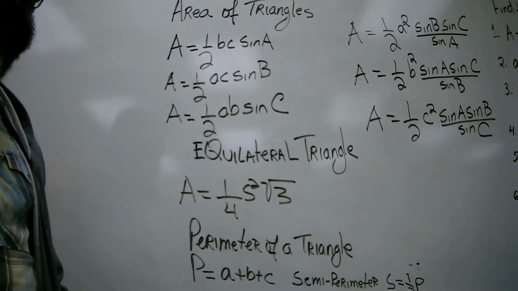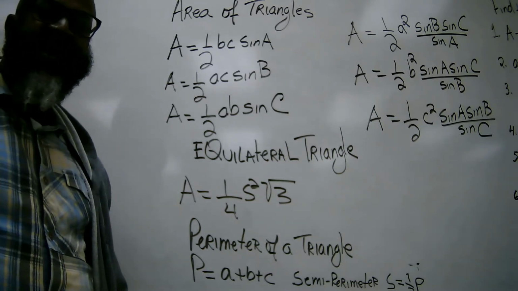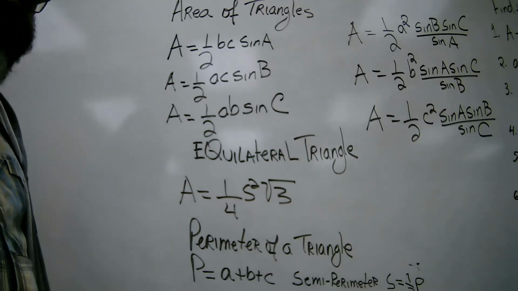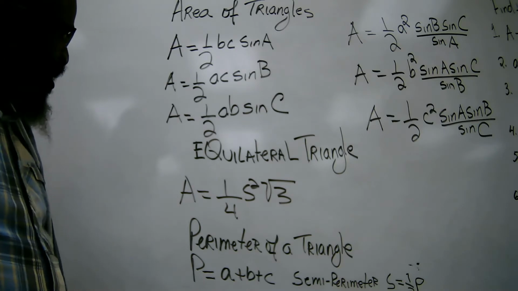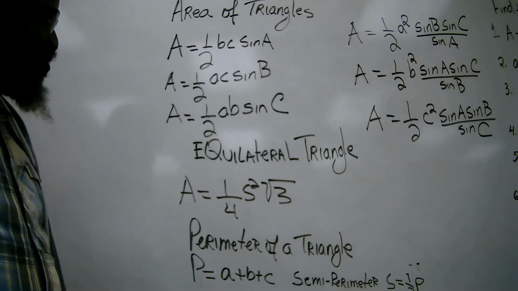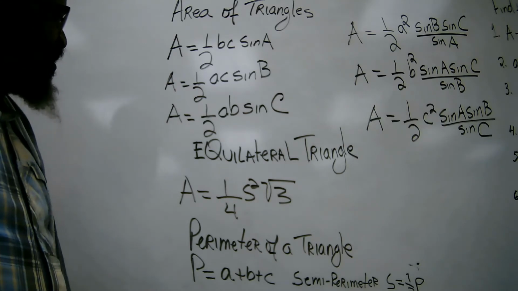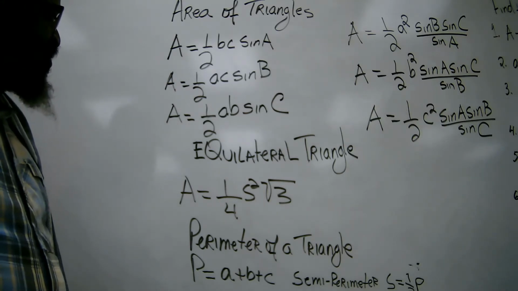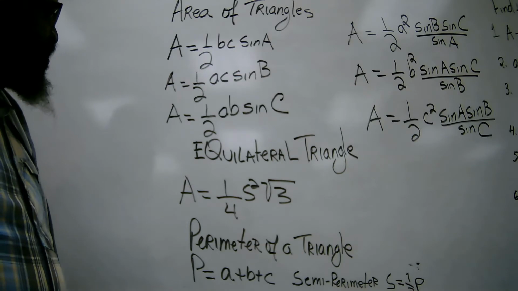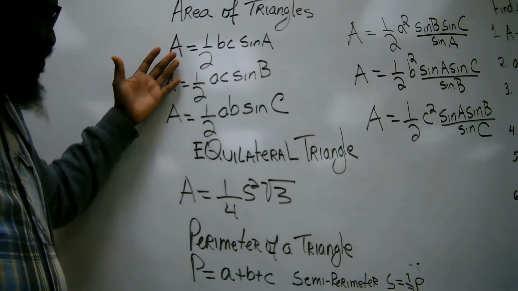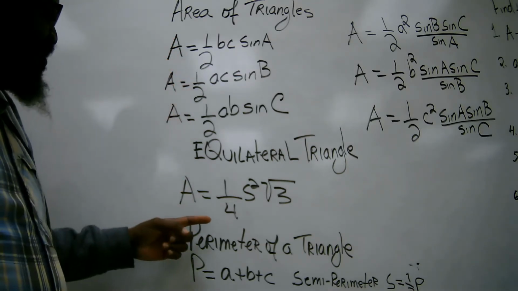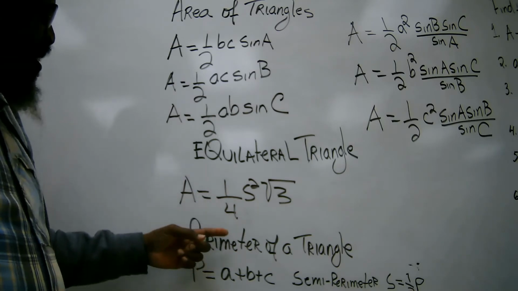Remember that area is always expressed in square units. So make sure you square your unit. You square your feet, your inches, your miles, since you are looking for area. Area is two-dimensional. Alright, so those are the formulas that we are going to use, and this next one is for an equilateral triangle.